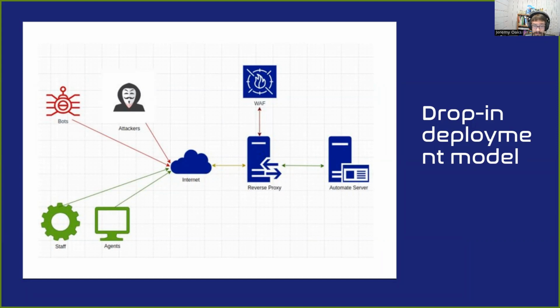As mentioned in the proxy webinar, there are multiple deployment methods. If you have an architecture that allows for secure access to your Automate, whether that's an existing VPN, RDS, AVD, or whatever your favorite remote access technology is, then you can deploy the proxy in agent-only mode, and then all the external agent requests go to your proxy, and then your staff accesses Automate directly.